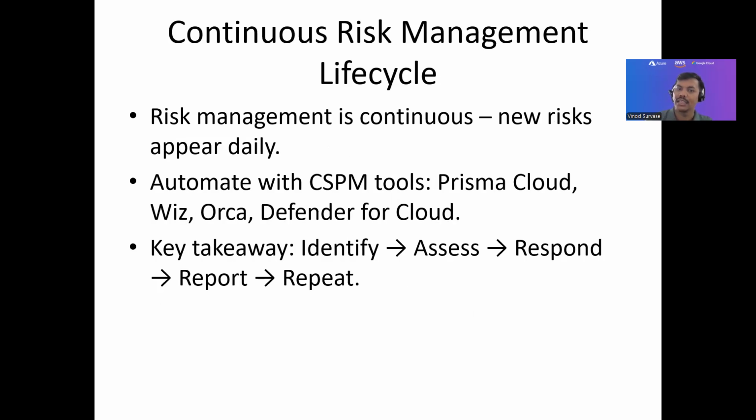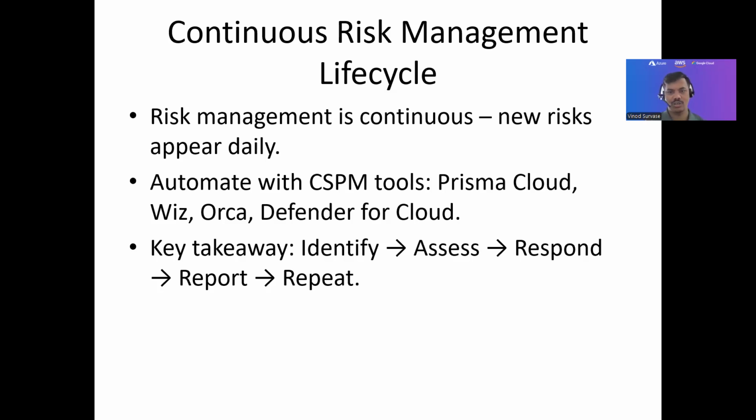And continuous risk management life cycle. So this is going to be something where we are continuously going through the risk management life cycle. So the life cycle is something across risk management where whatever we are doing is to make sure the business is not put into risks, right?